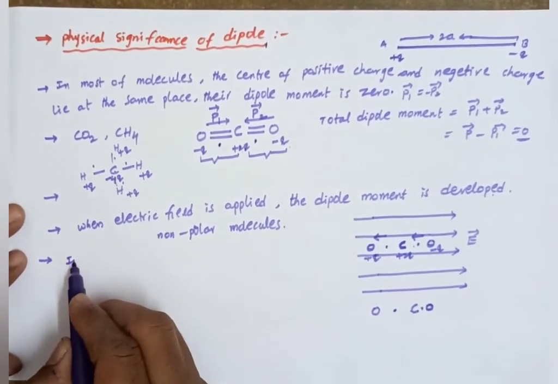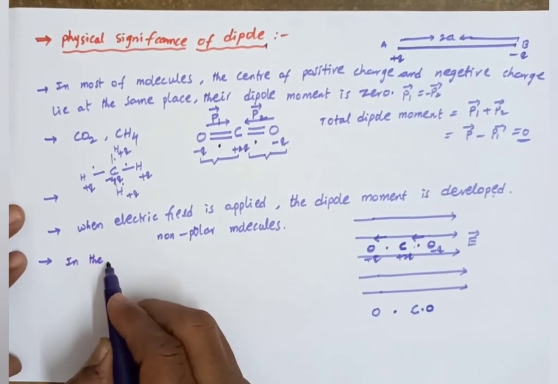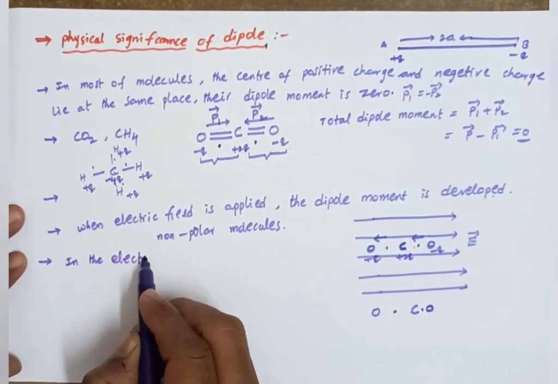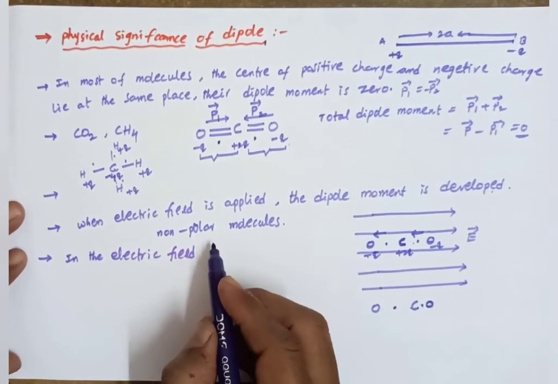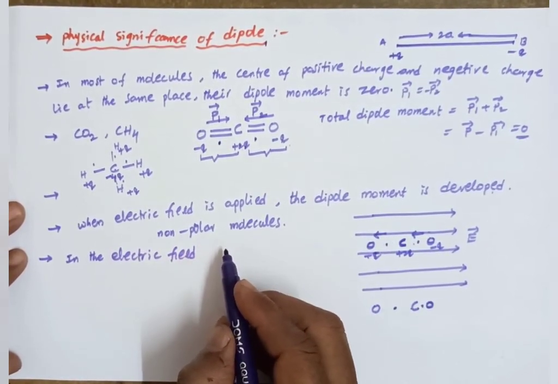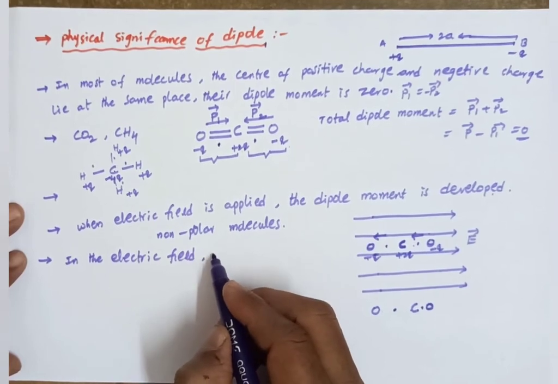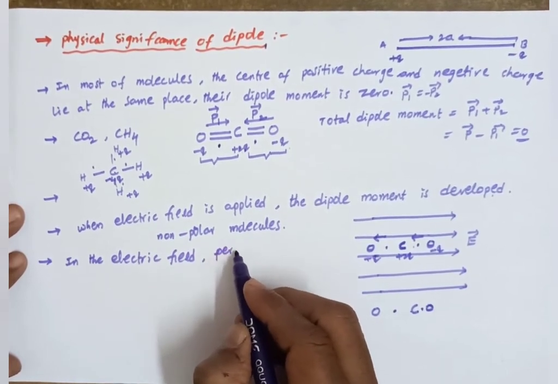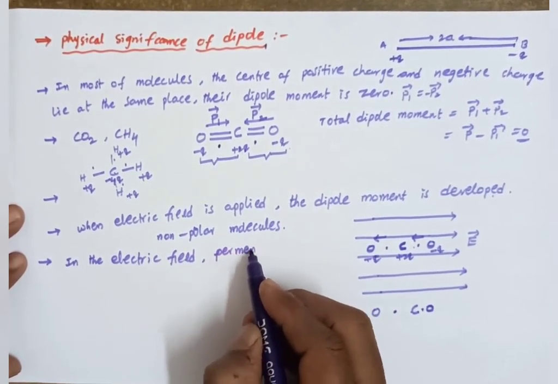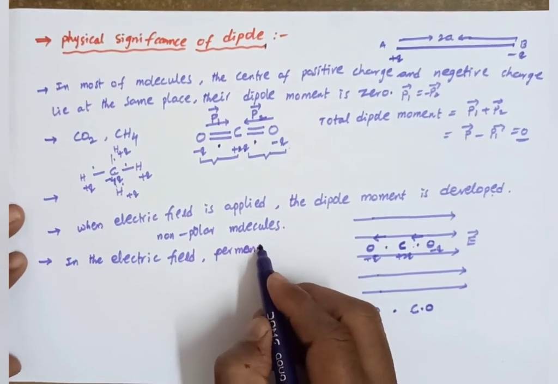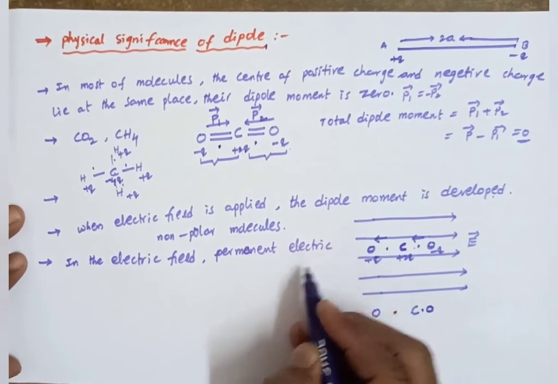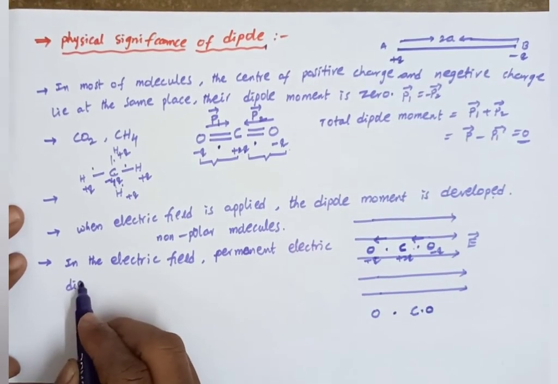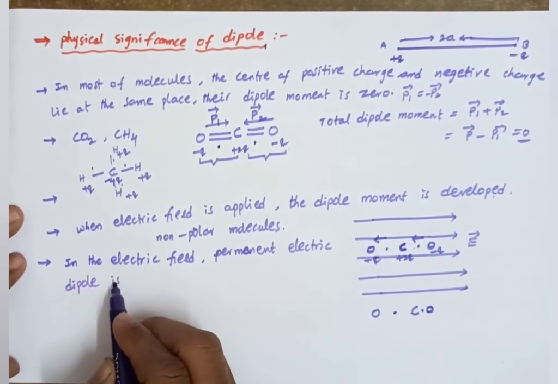In the absence of electric field, a permanent electric dipole is developed.